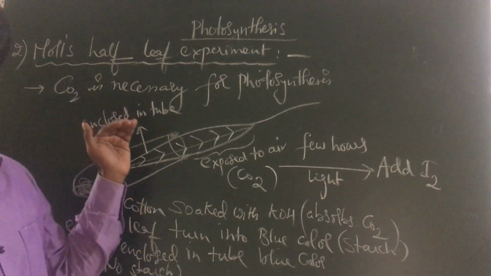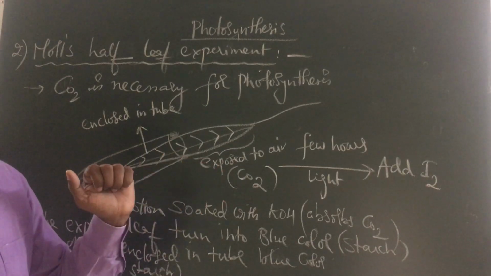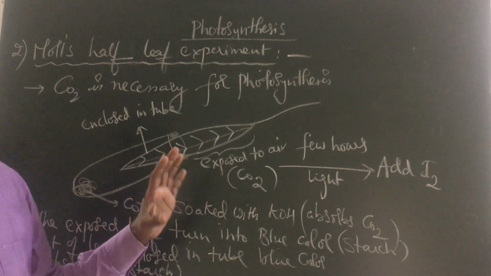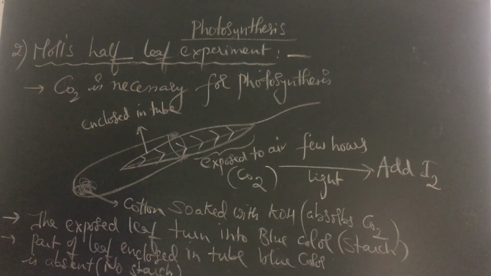But even though sunlight is present here also, when carbon dioxide is absent, starch is not prepared. Okay? Therefore, we call it Moll's half-leaf experiment. Moll's half-leaf experiment proves that carbon dioxide is necessary.